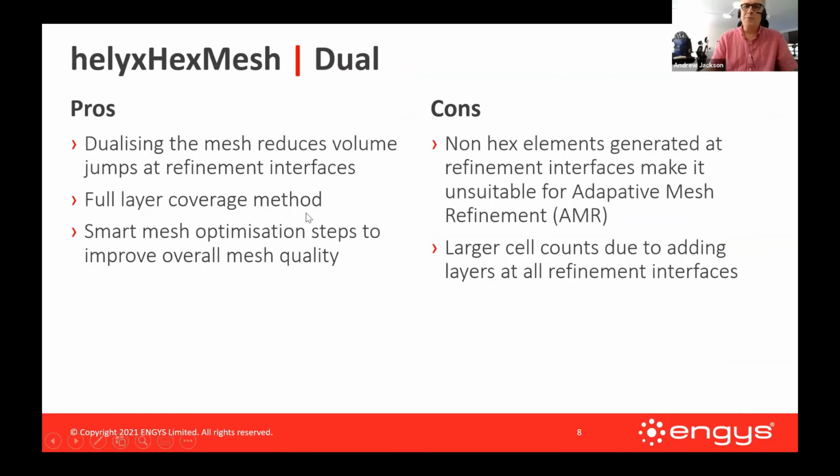But one of the reasons we wanted a different approach is because we use the adaptive mesh refinement, AMR, technique after the meshing, when we're solving. The problem with this dual approach is that because we're not maintaining hex cells at refinement interfaces, it really does make it very limiting for adaptive mesh refinement. And also because you're splitting the cells at these refinement interfaces, you're also getting larger cell counts.